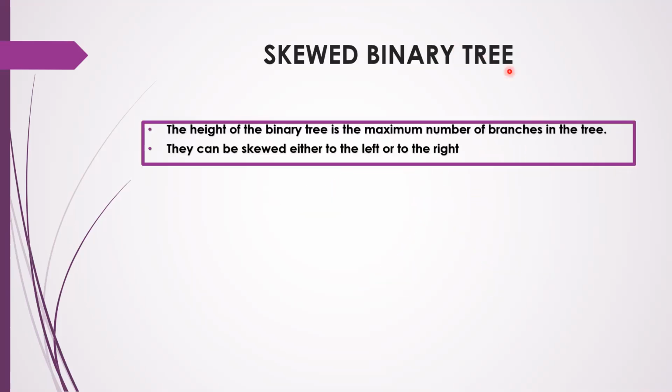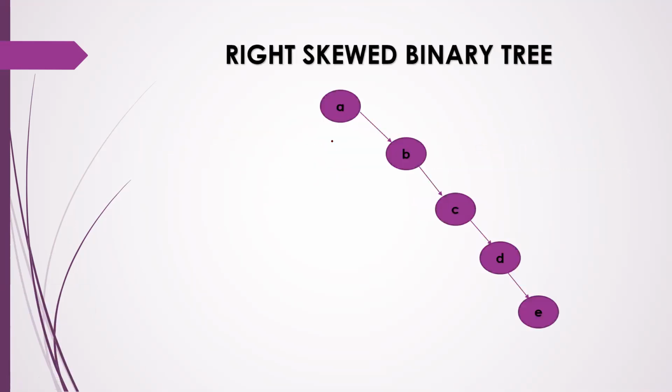Next, skewed binary tree. The height of the binary tree is the maximum number of branches in the tree. They can be skewed either to the left or to the right. As you can see, it does not have the right side, or the left side at all. For a right skewed binary tree, it does not have left side at all. So if you see, the degree of A is here 1.